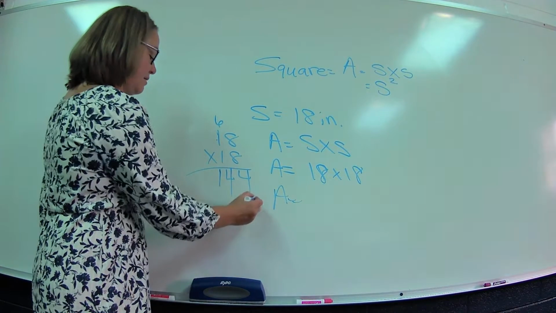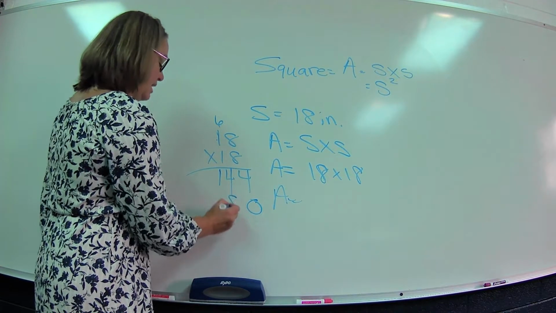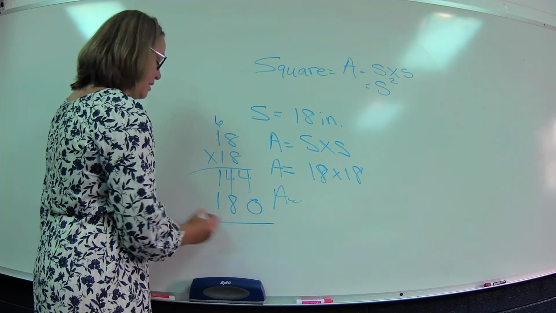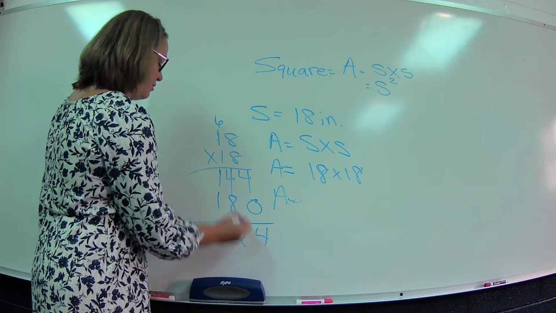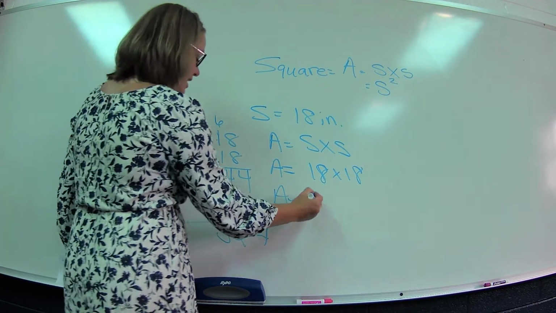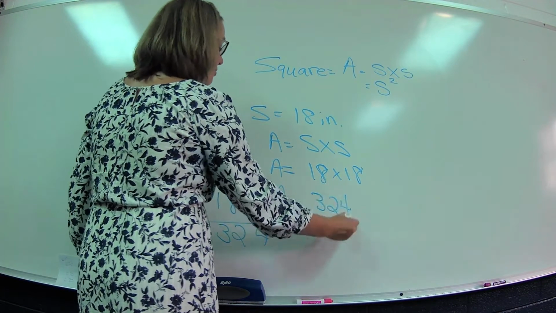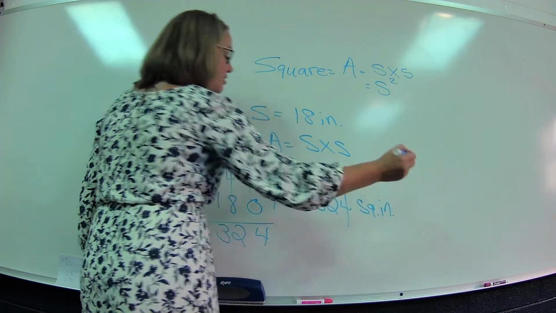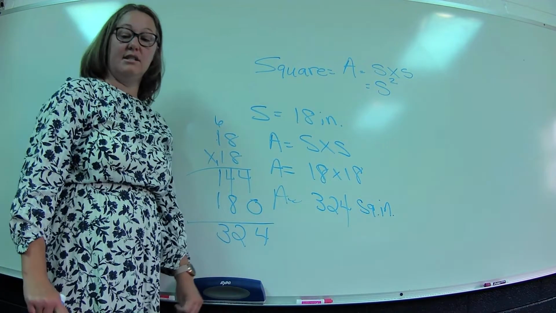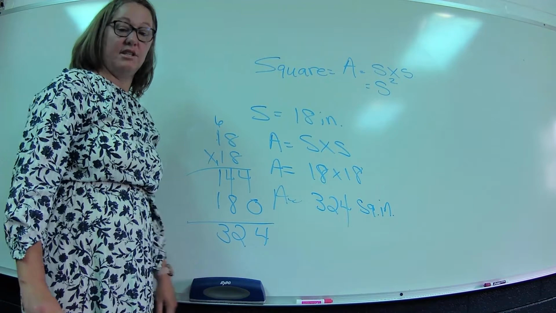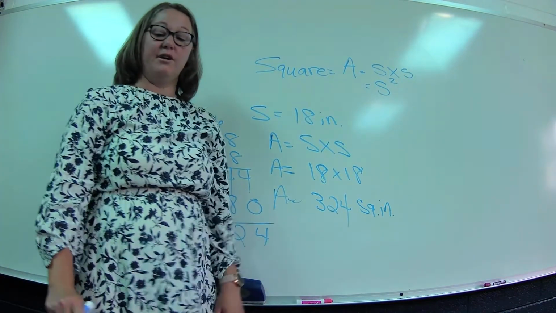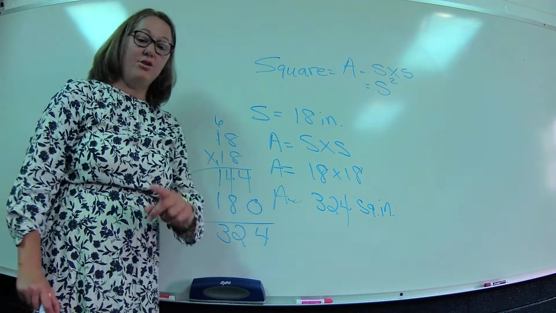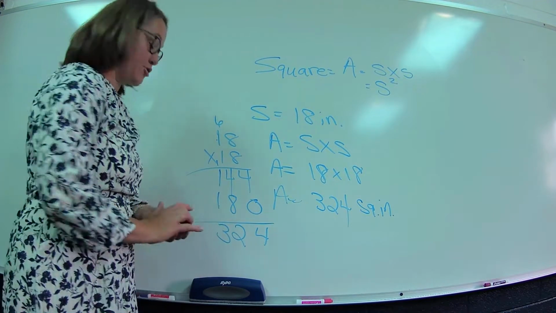All right, space holder, 8, 1, 4, 12, 324, and this time we have square inches because inches is the English system of measurement, so we'll use square inches.